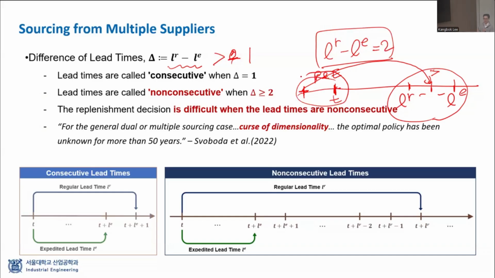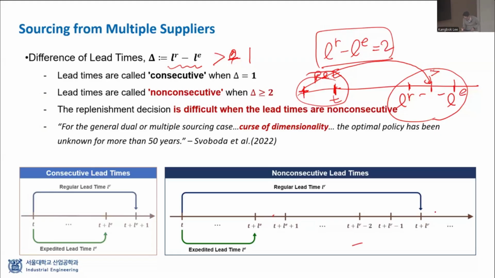And if it becomes larger than 2, the window keeps increasing, not just on the arrival period but for the ordering time as well. It doubles the windows of interest as the difference between the two lead times increases.